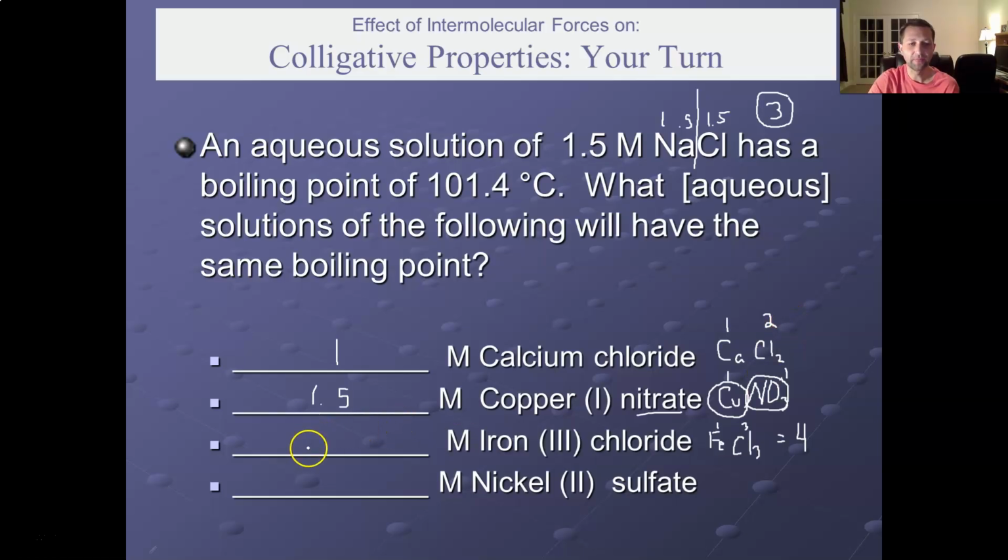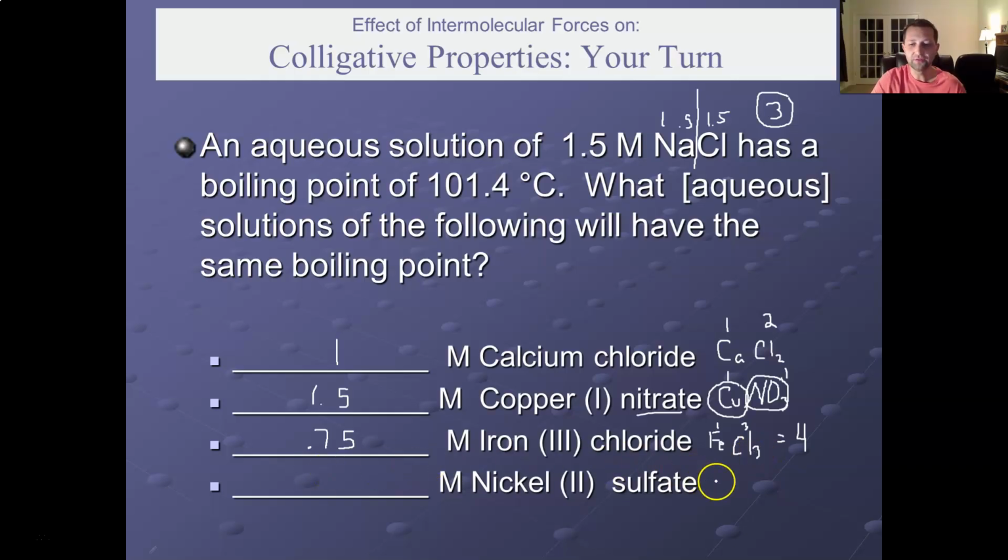Well, if we do 0.75 molar iron 3 chloride, 4 times 0.75, 4 times 3/4 gives you 3 dissolved particles, right? So we want a 0.75 molar iron 3 chloride solution. 0.75 from the iron, and then 0.75, 0.75, 0.75. That gives you 2.25 from the Cl. Okay, 0.75 times 3.